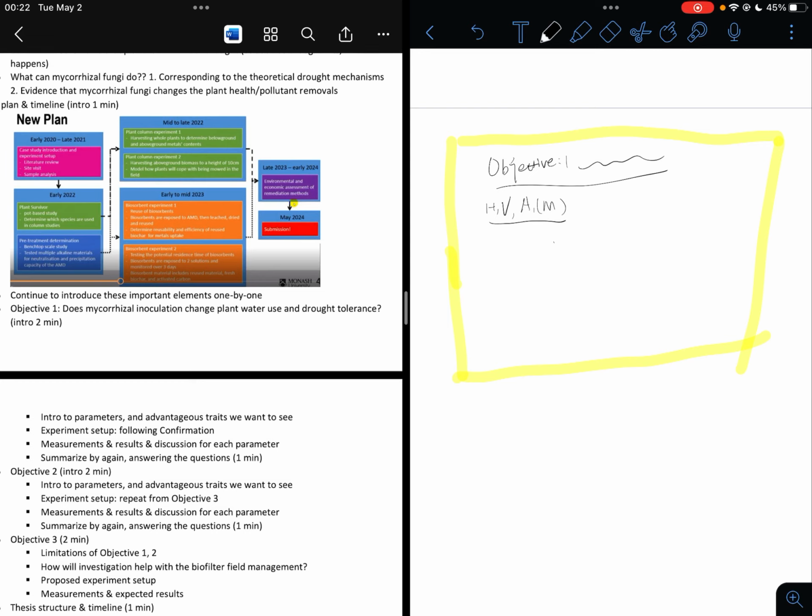After introducing those structures, and also putting probably some pictures here to show what H, V, and A look like under the microscope, we briefly introduce the way that we calculate M. And then we're going to summarize basically what the advantageous traits are that we want to see, like which one matters. For this case, V plus A matters, right? Or V or A matters. And hyphae doesn't really matter because it's ectomycorrhizal.